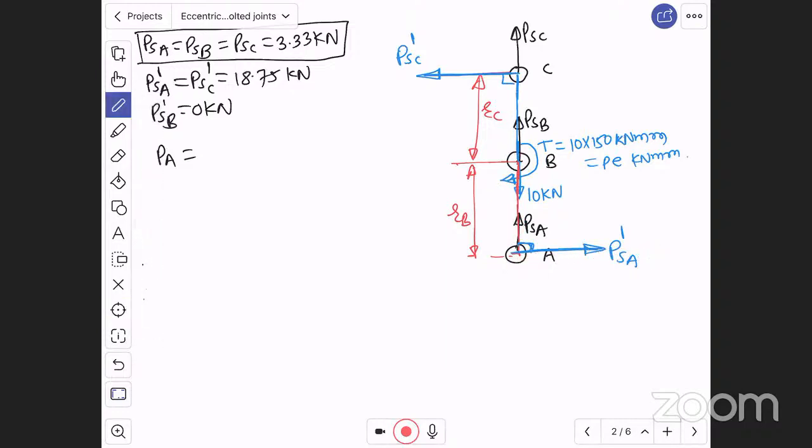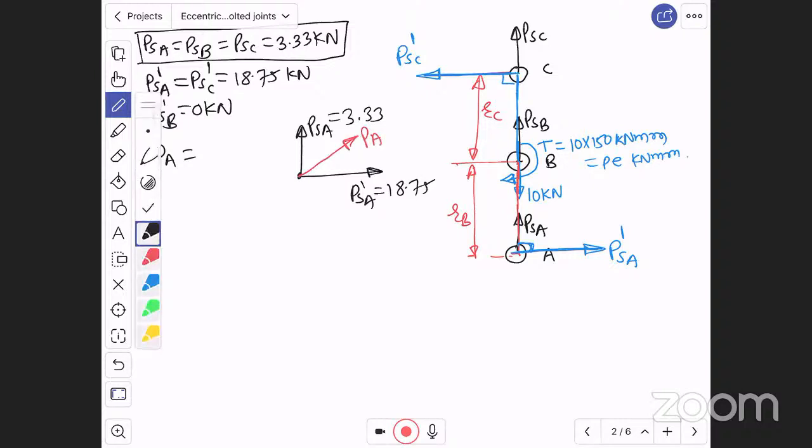Means if I check bolt A, there will be PSA upward, which is 3.33, and PSA dash towards the right, 18.75, and the resultant of this will be in between them, that is PA, and the angle between them is 90 degrees. Therefore, for two mutually perpendicular loads, the resultant is under root of PSA square plus PSA dash square.